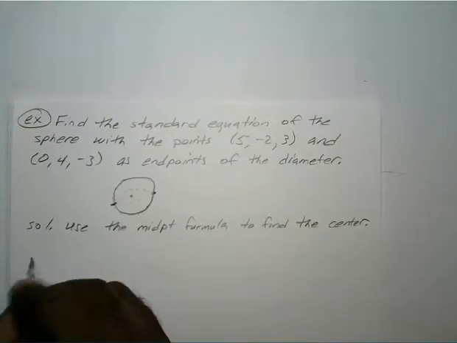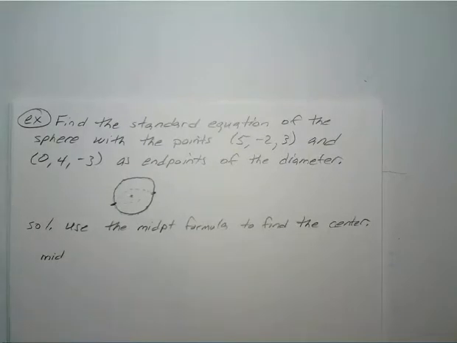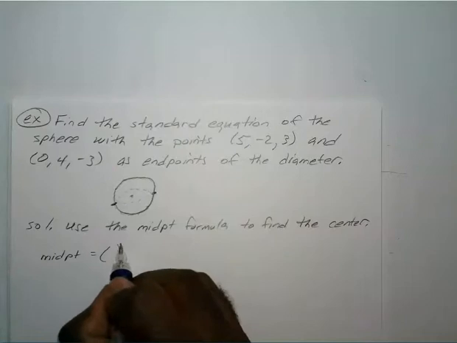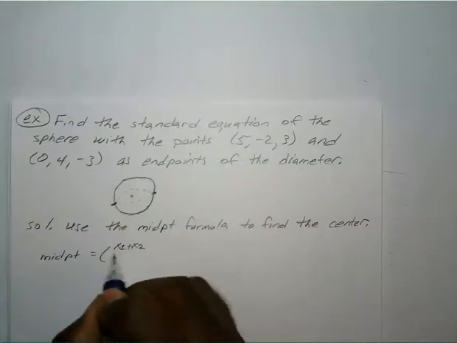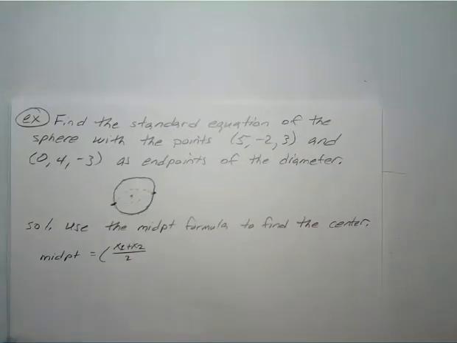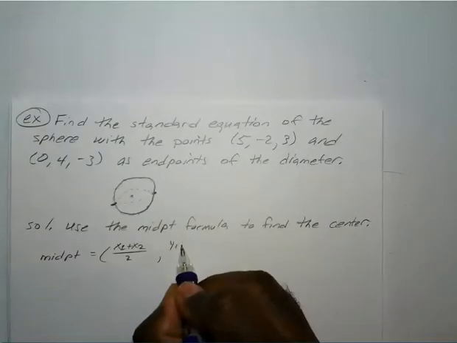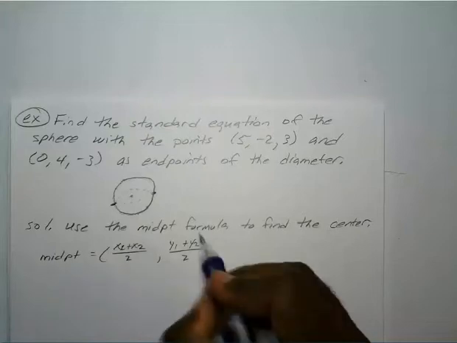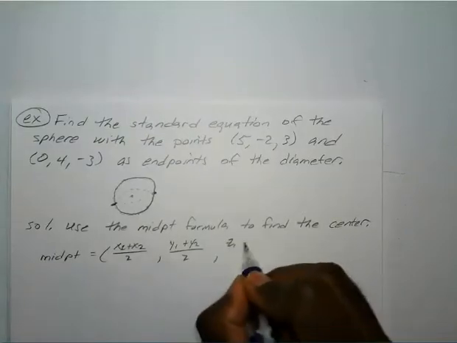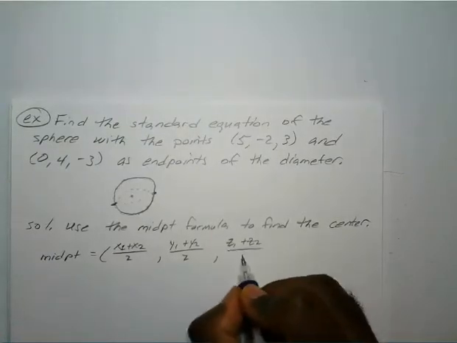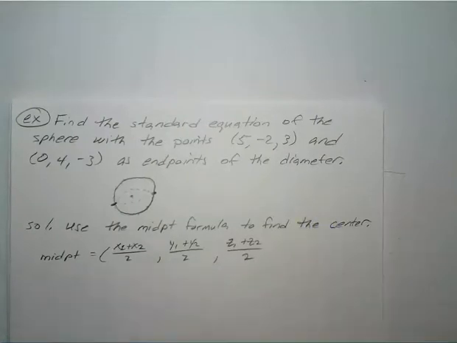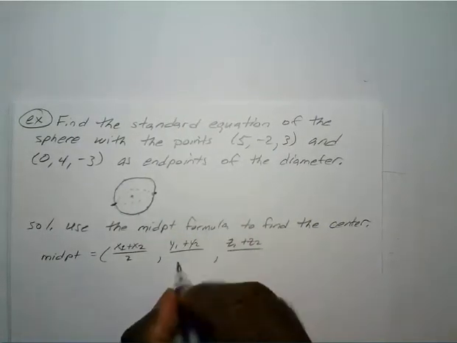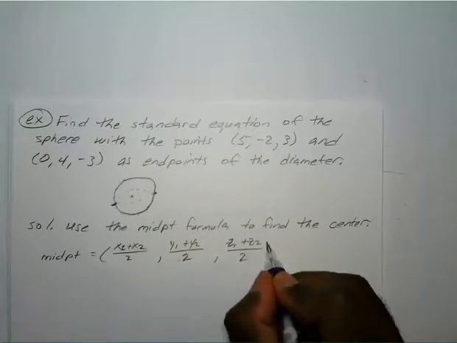Okay, so we know that the midpoint is equal to x1 plus x2 divided by 2, y1 plus y2 divided by 2, and z1 plus z2 divided by 2. That's a little bit of a rush there. Let me clean that up. There we go.